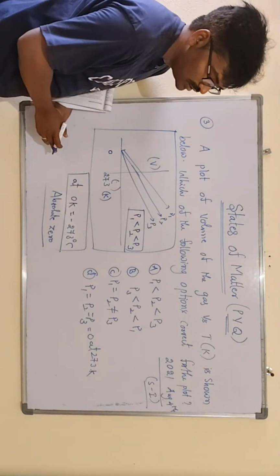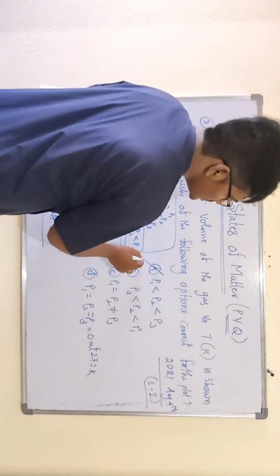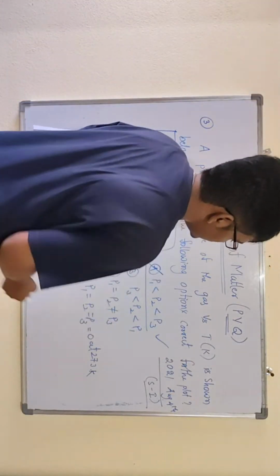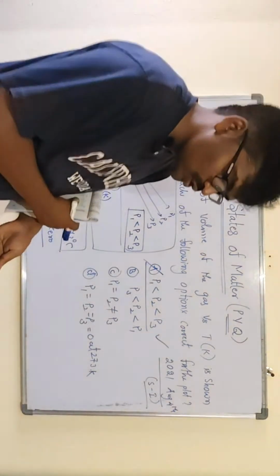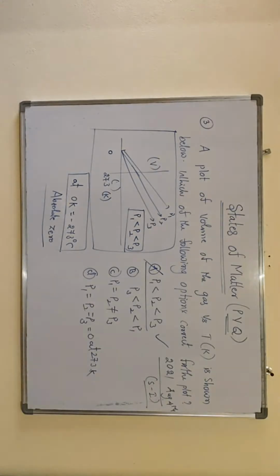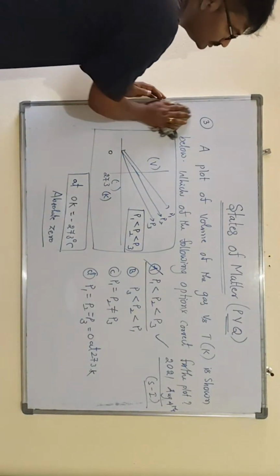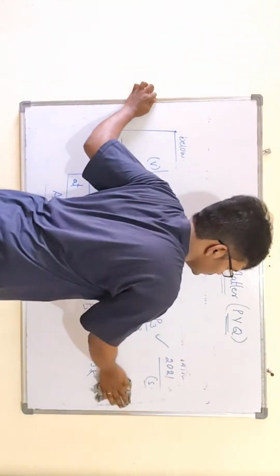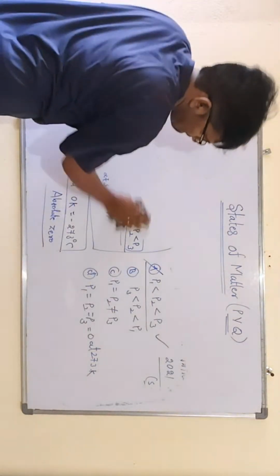So P1 is less than P2 than P3. This is the correct option. Clear? Understand all of you? Yes. So note down the question and answer. Next, come to another question, based on Graham's law.